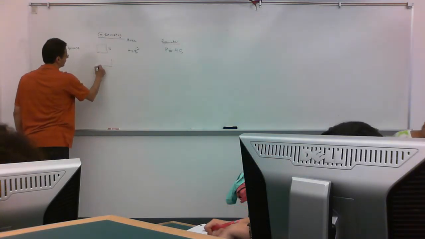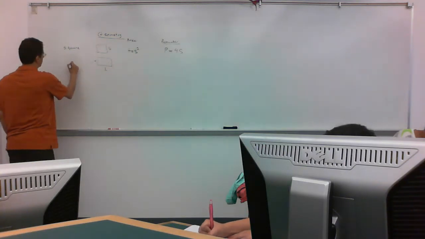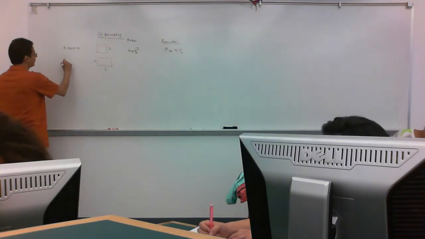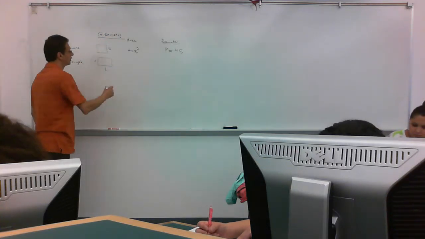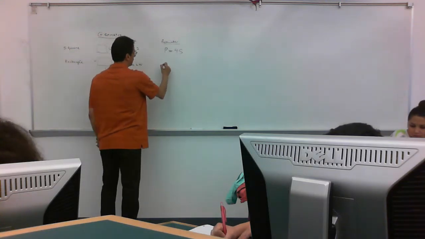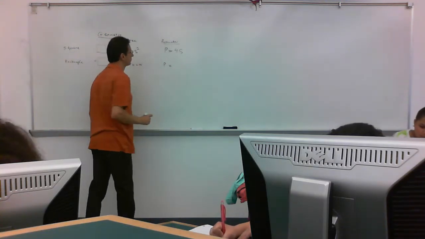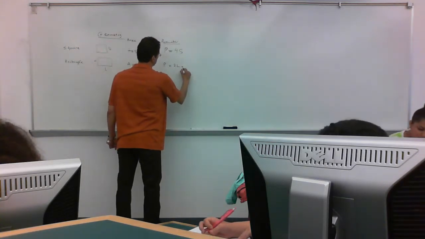What about this guy? So what's the name? Rectangle. What's the area? Length times width. And the perimeter? Is 2L plus 2W.